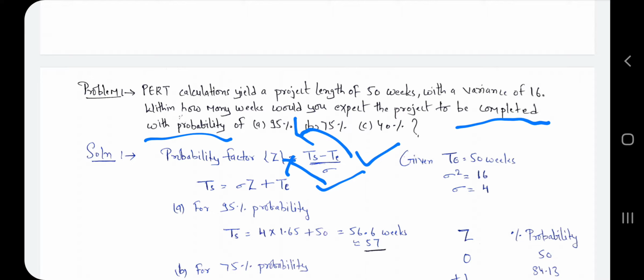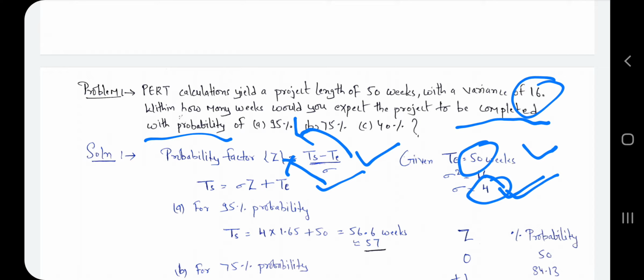He has given 50 weeks as the T value, and the variance. Variance means sigma square, the square of the standard deviation. So we take the square root and get a standard deviation of 4, and T is 50 weeks. We have to put these values in our formula and find the Ts value.